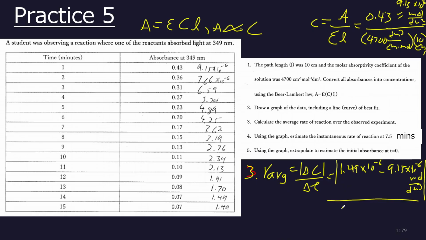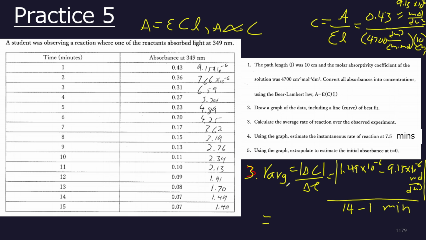So the reaction finishes at 14 minutes. But our first data point was at 1, so we should do 14 minus 1 minutes. It's really 13 minutes that this change in concentration was observed.